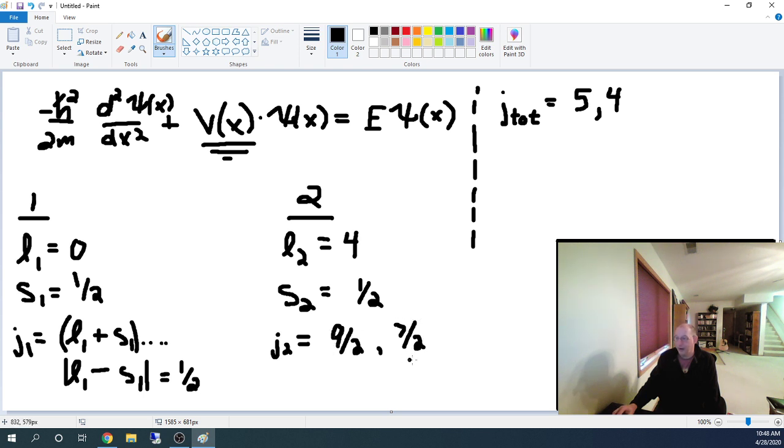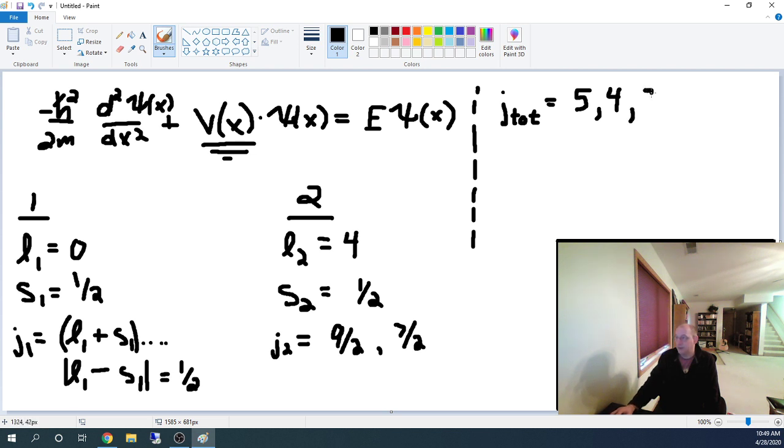Now what about when J2 is equal to 7 halves? I have 7 halves plus 1/2, which is 8 halves. That looks like 4 again. And then I could also go 7 halves minus a half, which is 6 halves, so 3.